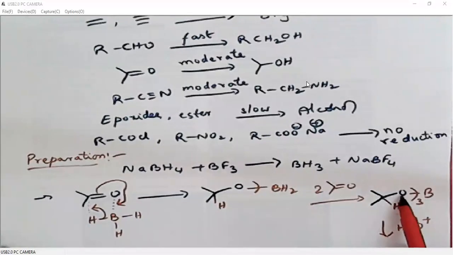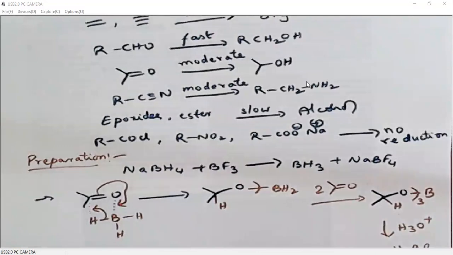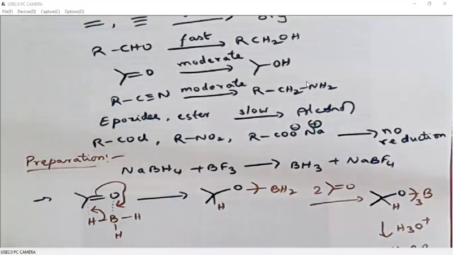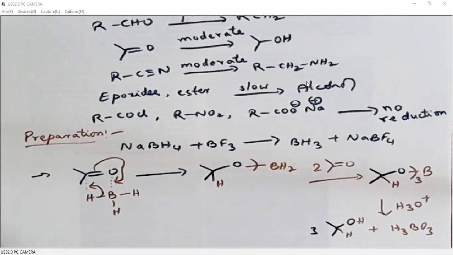Hydrogen adds to oxygen, OH adds to boron. So we will get H3BO3, boric acid, plus 3 molecules of alcohol. So this is how we reduce carbonyls with boron.